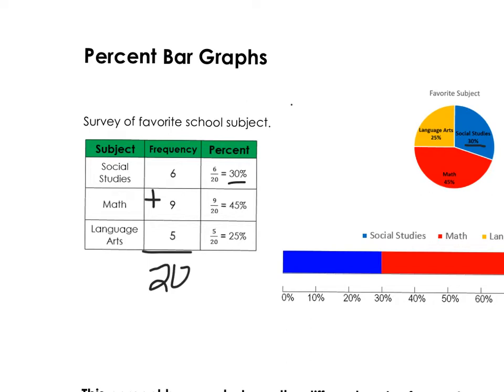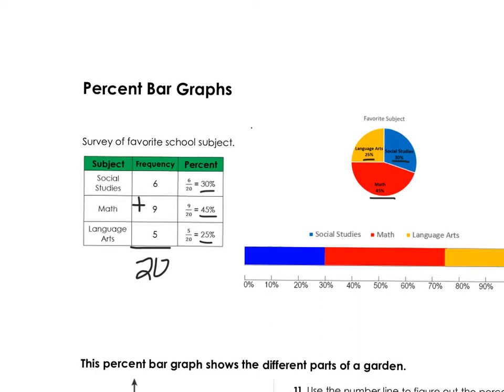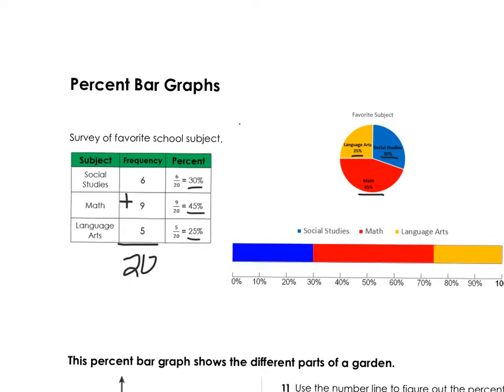Then math took up 45%, and language arts took up 25%. Here, it's easy to see in the pie chart that math has the largest percent and language arts has the smallest percent. And social studies is the one in between.